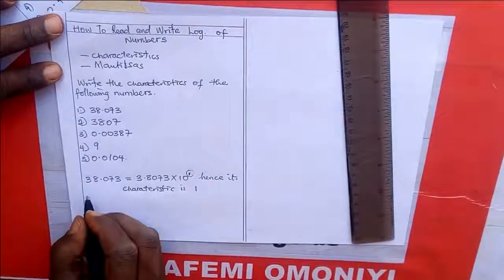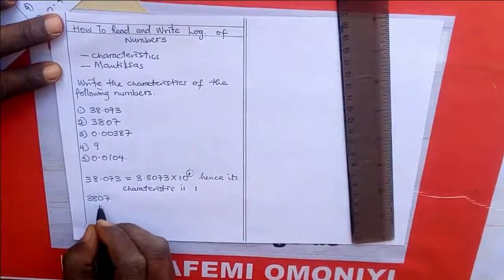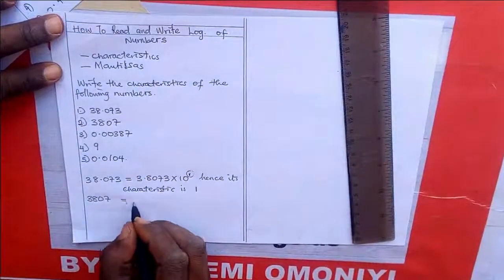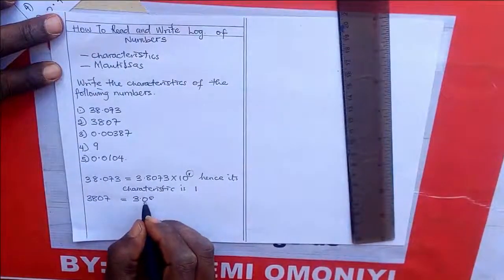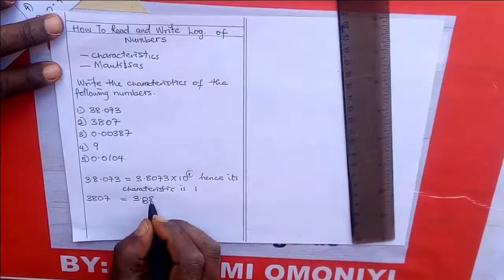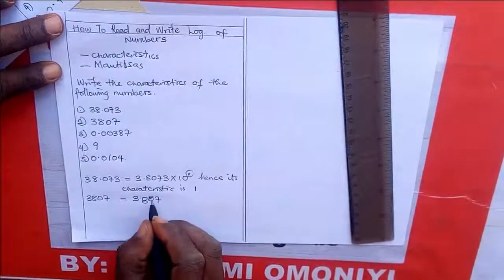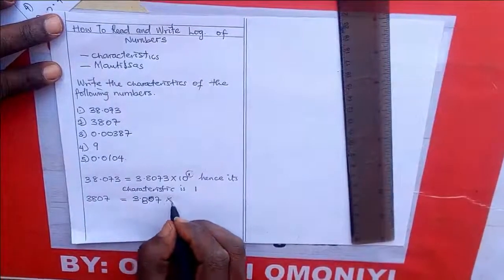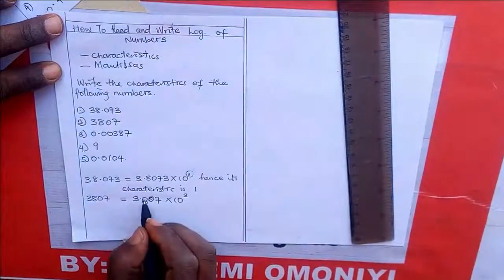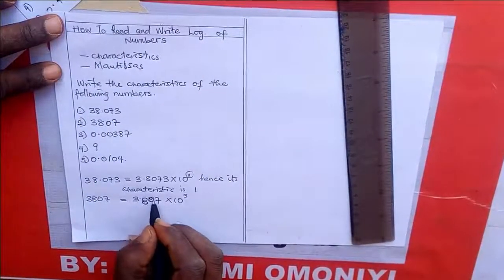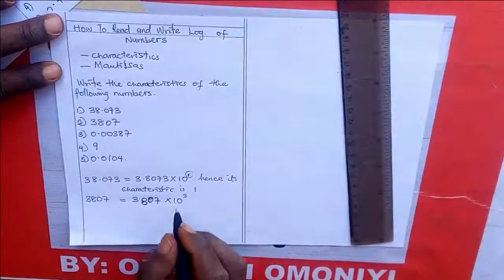So when we take the second one, 3807, characteristic of this number, when you write it, you have 3.807 times 10 raised to the power of 3.